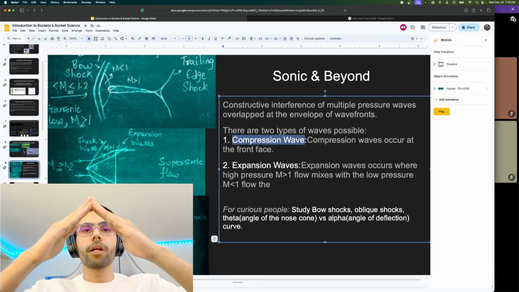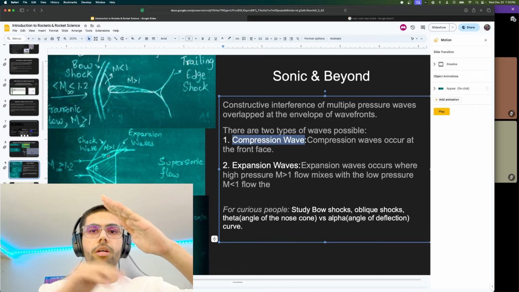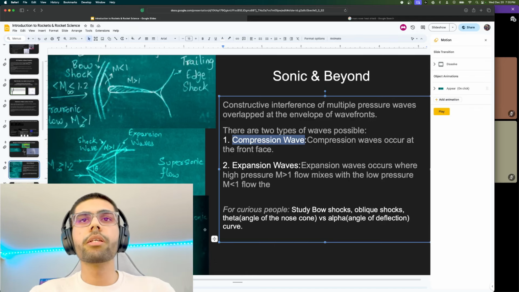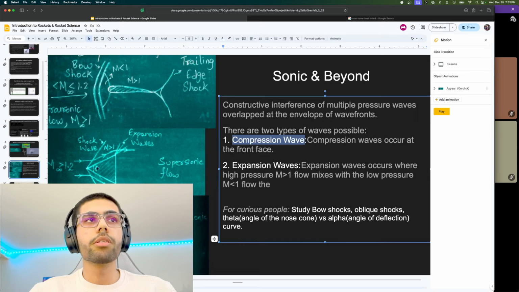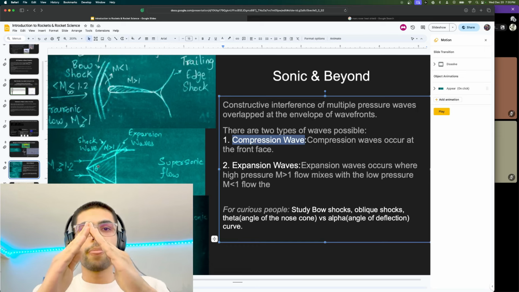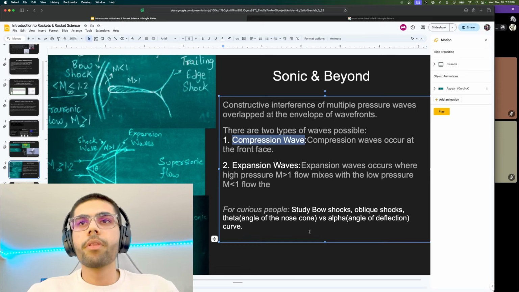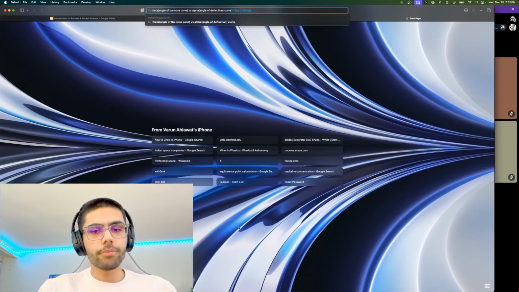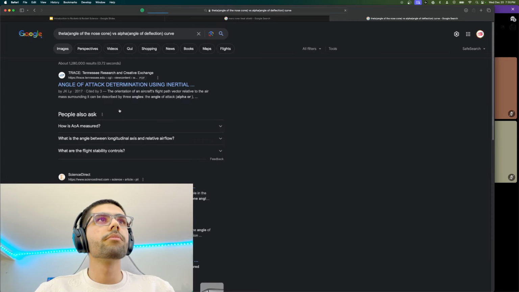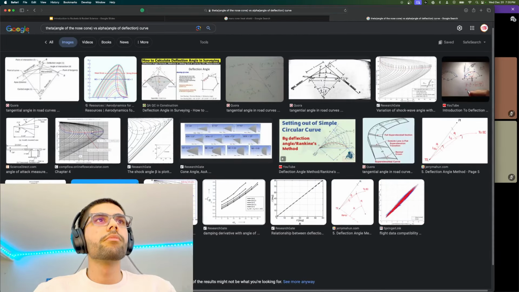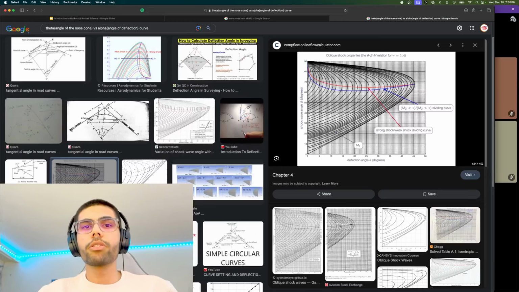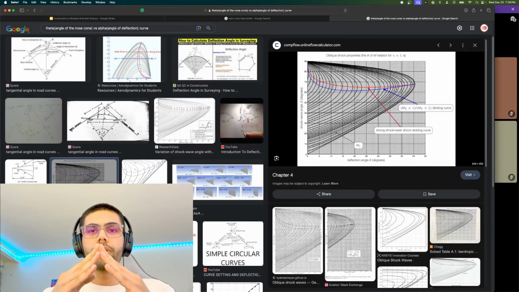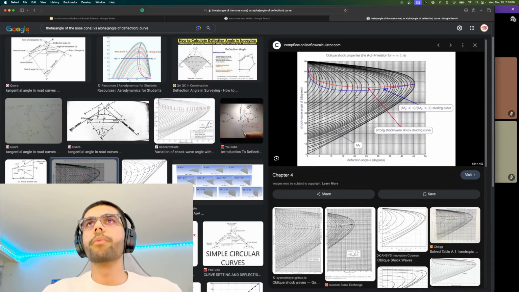You want it to be at a certain distance from the rest of your aircraft. So you can study the relation of this theta angle and the shock wave angle. If you quickly search this, you're going to see this curve. You can study the nature of different shock regimes by this graph.